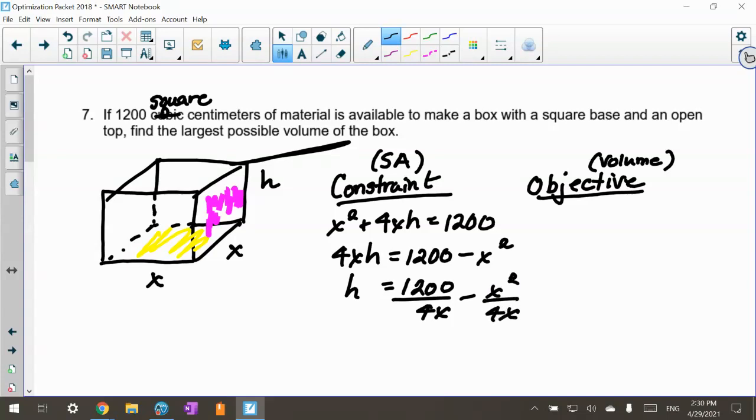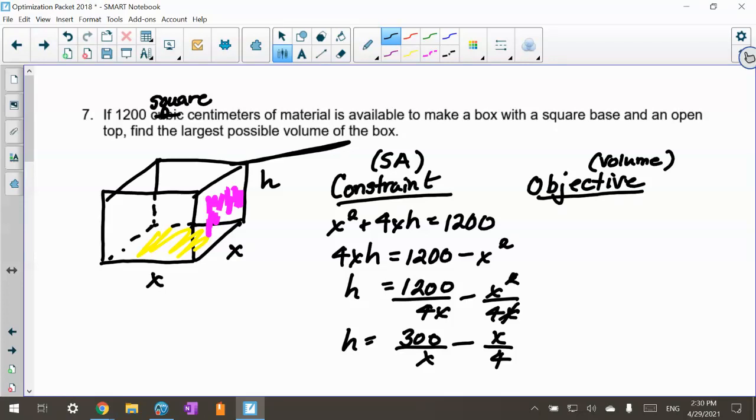I'm doing this just so you can see all the steps. 1,200 divided by 4 is 300 over x, minus, and then this x is gone, so I have x over 4, or 1/4 x. You could write it like that. It doesn't matter, so we're just going to leave it like that.